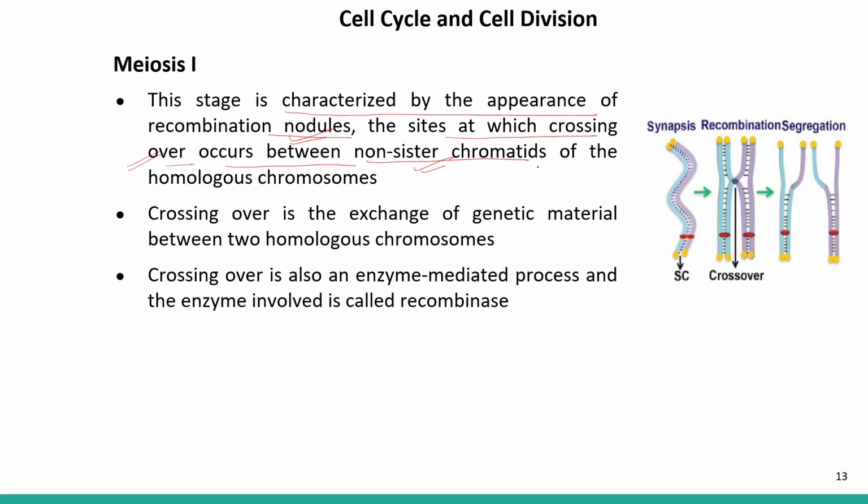Now the non-sister chromatids of the homologous chromosomes show the crossing over, right? It shows the overlap and later forms the crossing over. So crossing over is the exchange of the genetic material between the two homologous chromosomes. So here we can see this at this point, what happened? The crossing over is occurring.